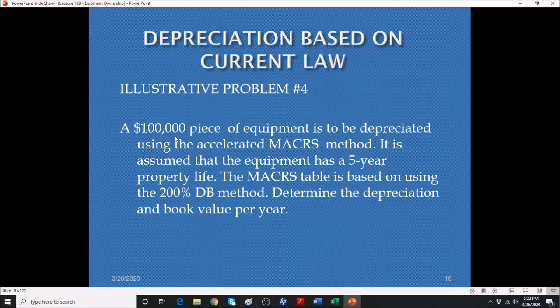We have here a $100,000 piece of equipment to be depreciated using the modified accelerated method. It is assumed that the equipment is a 5-year property, and it is based on using a double declining method of 200%. You're asked to determine the depreciation and book value per year.